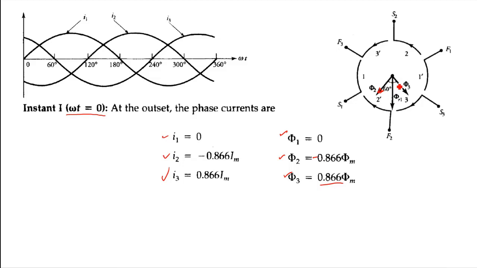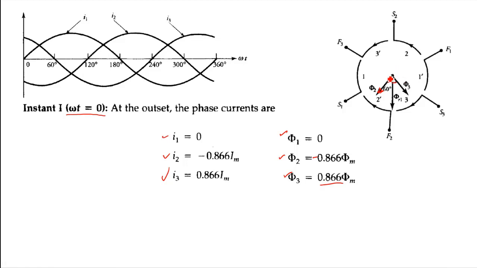Now if I see the resultant, phi 2 and phi 3 will obviously make an angle of 60 degree, because if we plot it here, phi 1, phi 2 and phi 3, this is your phi 1.